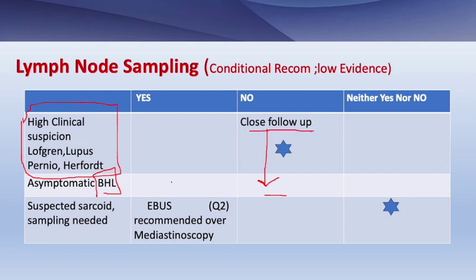However, if a patient is suspected to have sarcoid, does not have symptoms, but you feel that he merits sampling, whenever you want to sample lymph nodes, EBUS or endobronchial ultrasound guided sampling of the mediastinal lymph nodes should always be recommended and preferred over mediastinoscopy. And this comes after reviewing a lot of systematic reviews which compared EBUS and mediastinoscopy.